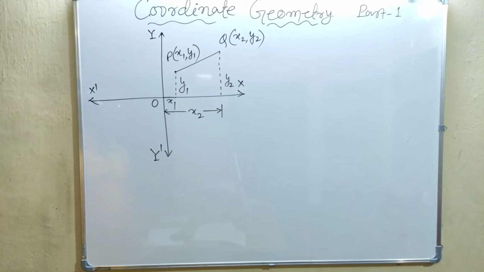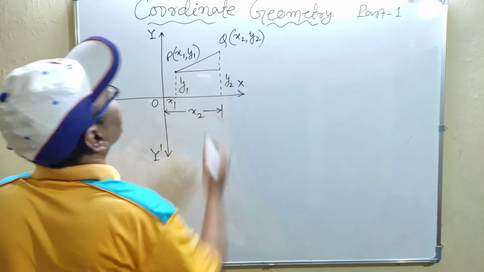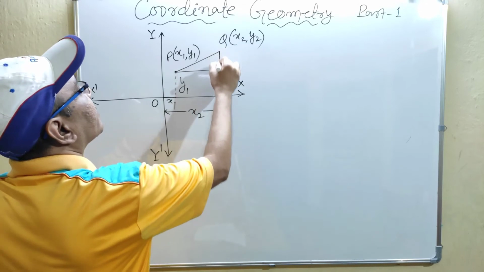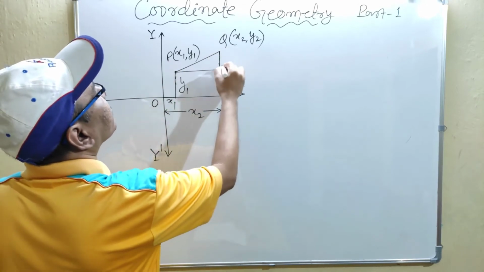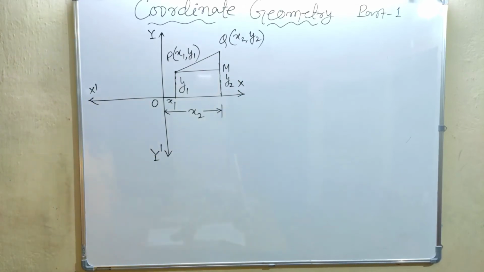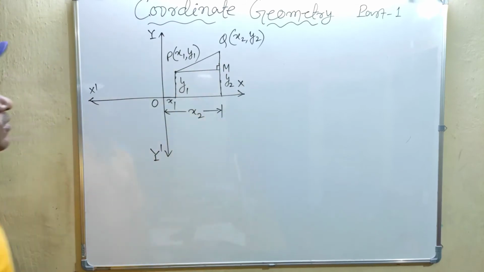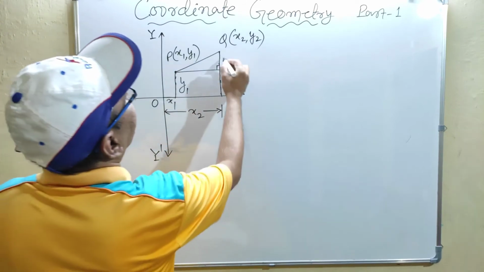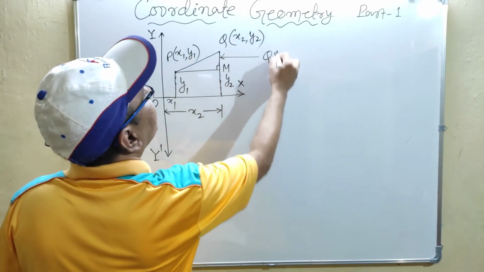Okay, now from P, if you draw a perpendicular, let us take this point as M. From P, this PM is taken perpendicular. So clearly, what will be this distance, meaning QM?